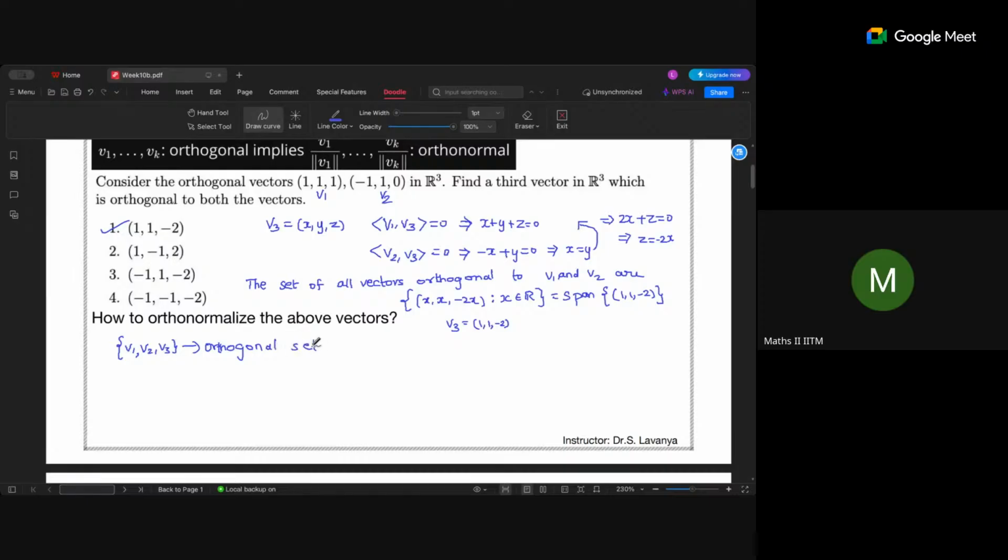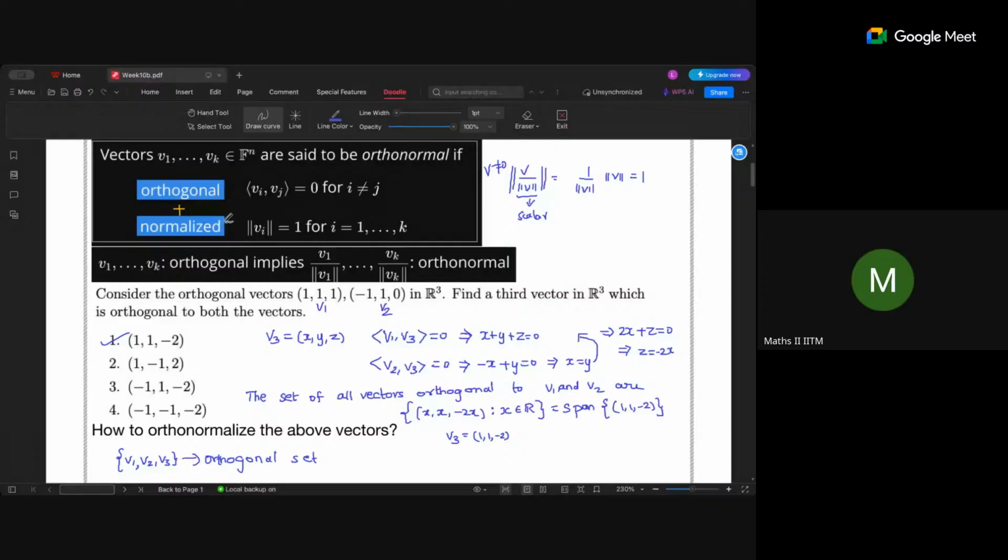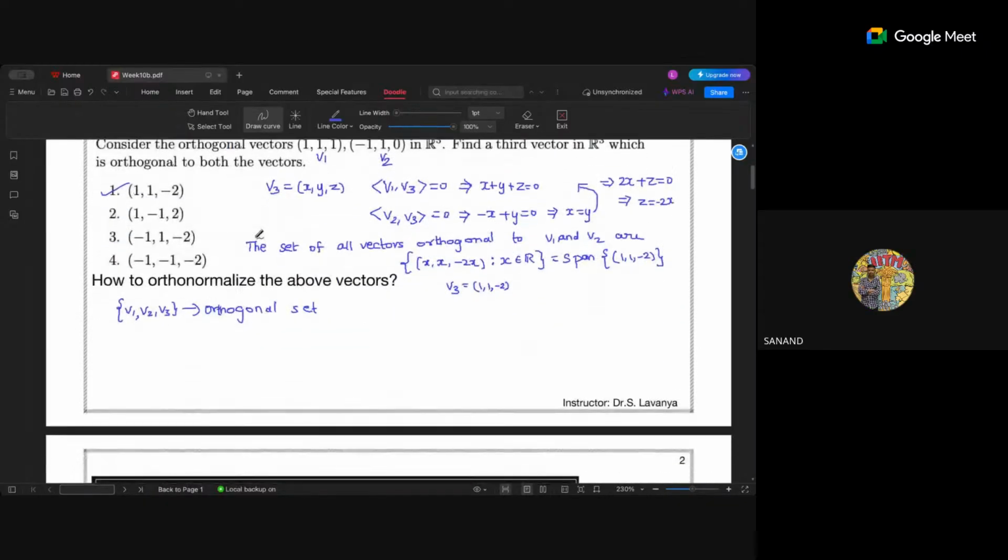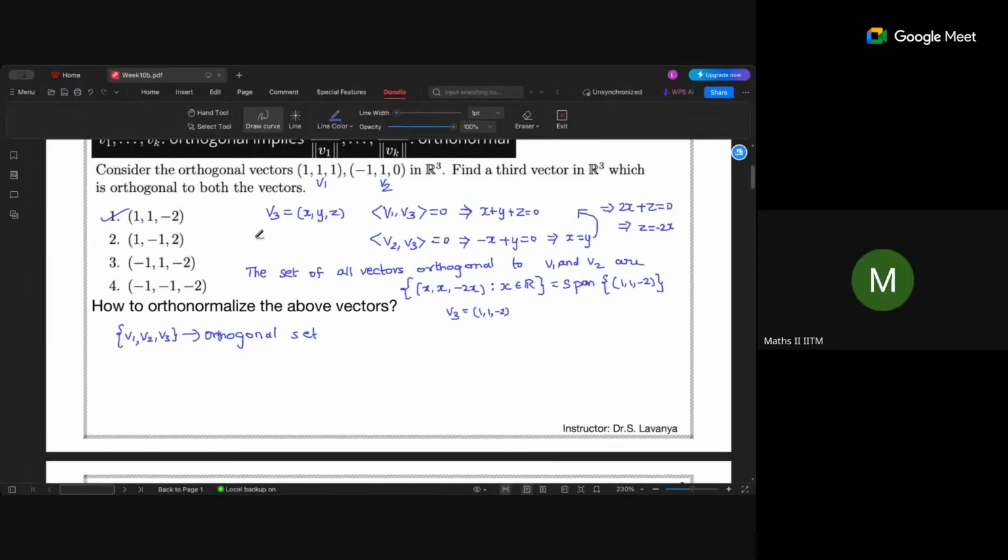How can you make them orthonormal? Orthonormal means you need the second condition: the norm should be 1. How can you convert them into vectors with norm 1?